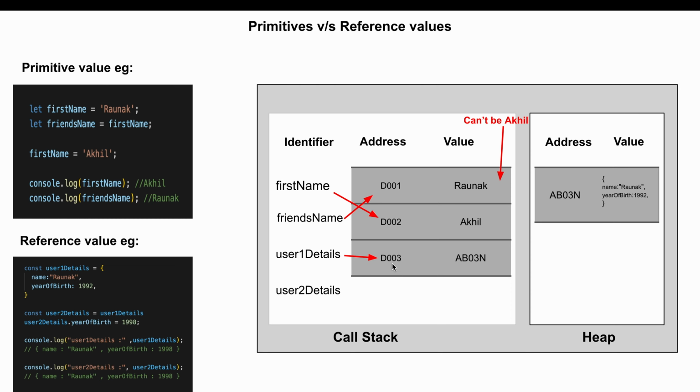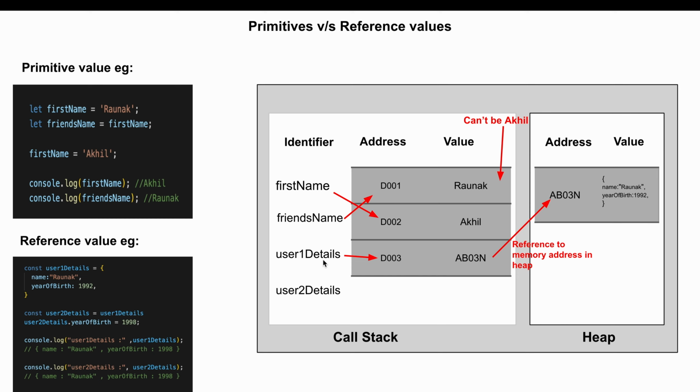Fine. So now the address which got generated in the heap gets stored as a value for the address which we have in the call stack for this user1 details.